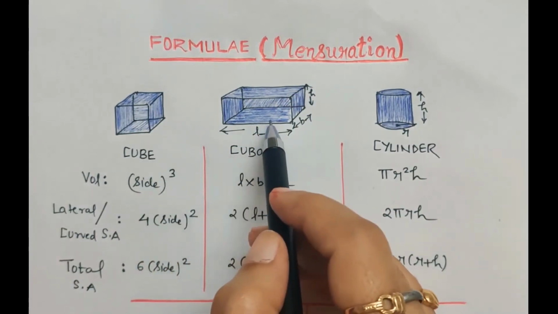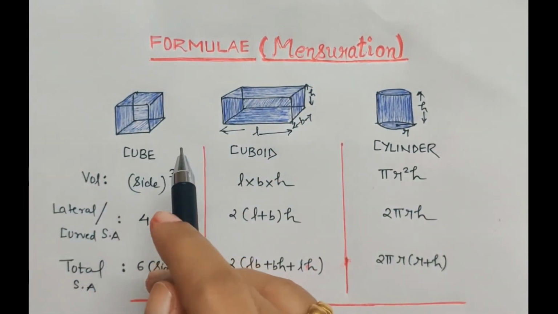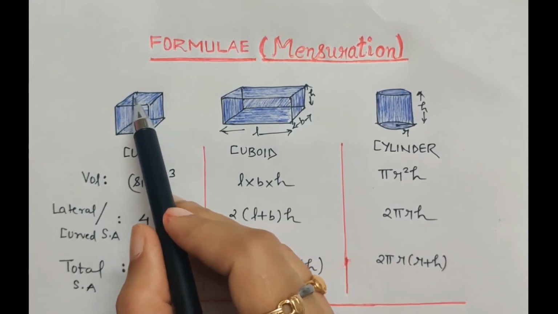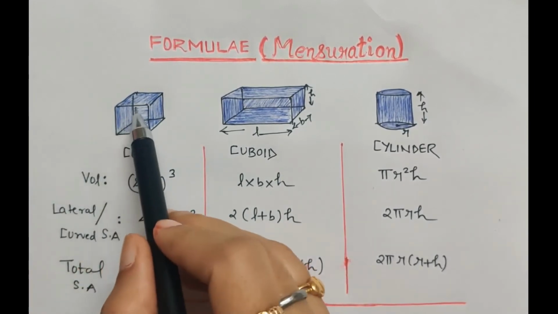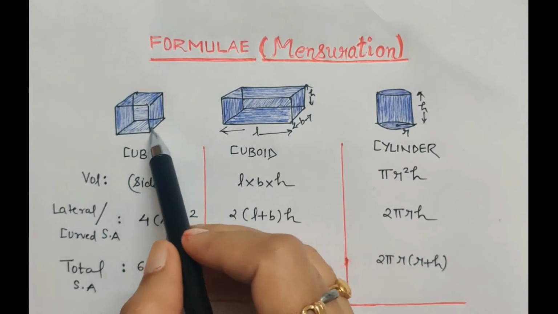But cube and cuboid have flat surfaces, so the term lateral is used. Lateral means excluding the top and bottom.